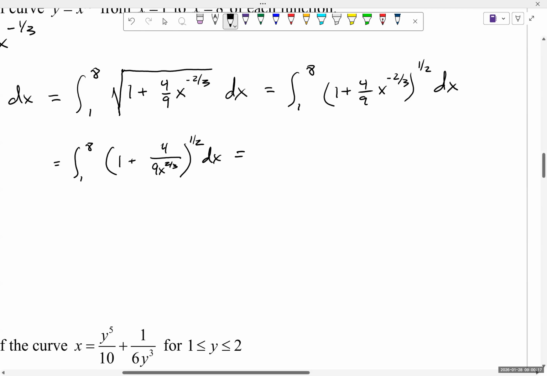Is that looking okay? And then, as Ryan alluded to, let's go ahead and make a common denominator. So we have 9x to the 2/3 over 9x to the 2/3. Yeah? Still good?